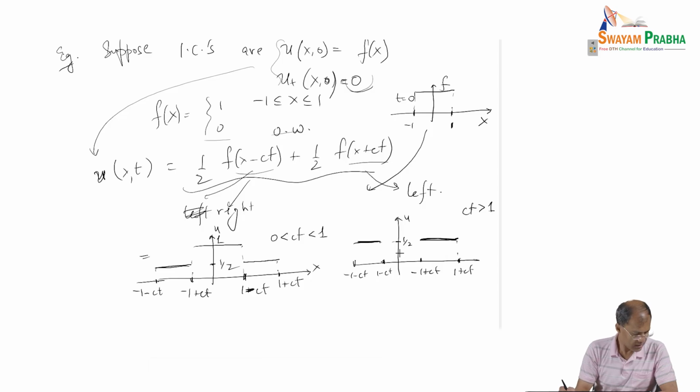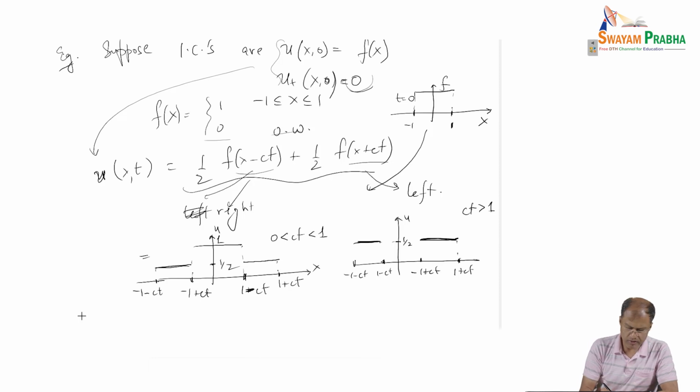So then, this is a solution for the various times. Now, I just want to highlight the fact that the method of D'Alembert is only going to be applicable when we have infinitely long domains.